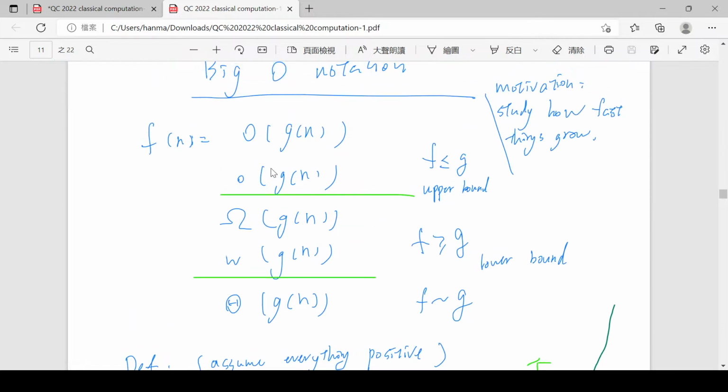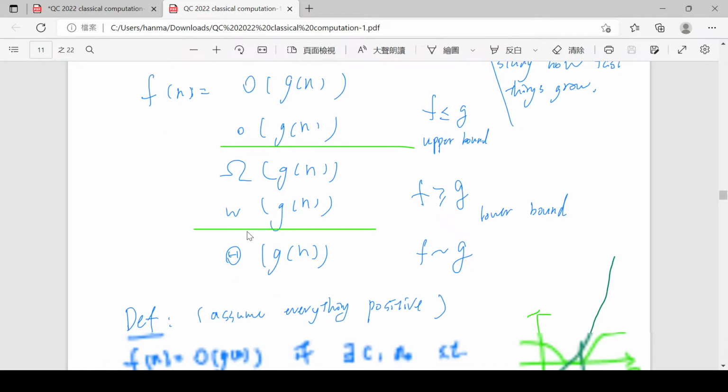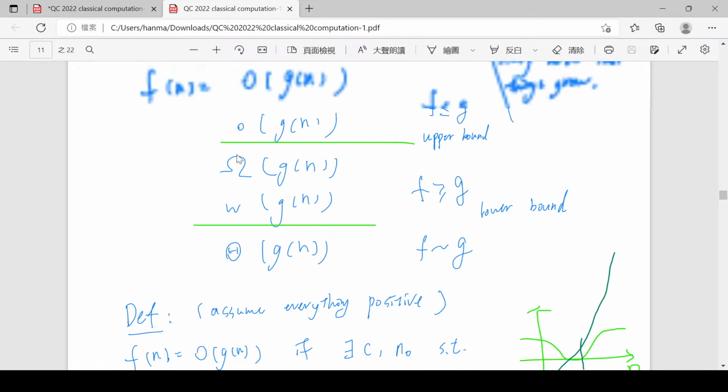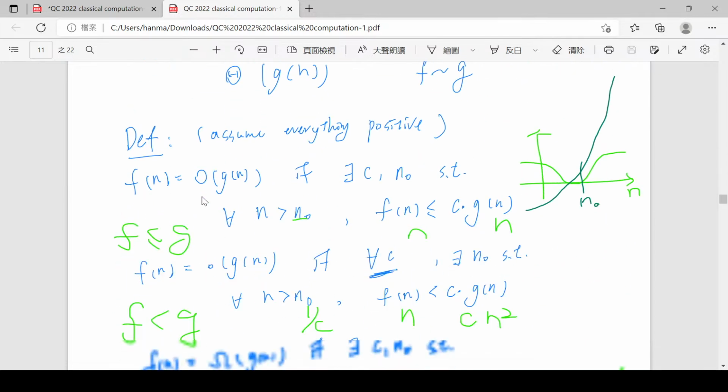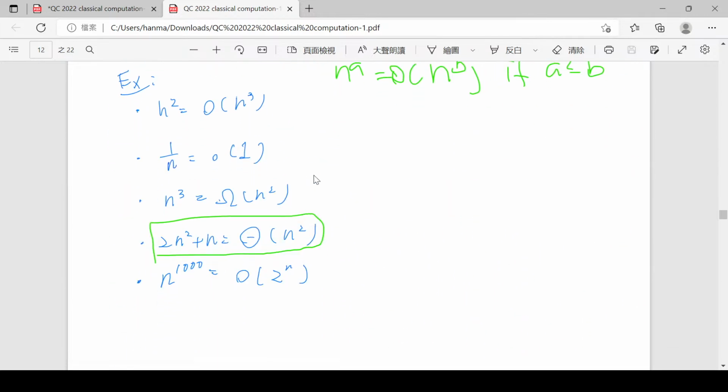The small o and small omega you don't see that much, but big O gives you a way to say upper bound of f, big omega gives you a lower bound of f, and big theta gives you a good characterization of f. So those you need to remember.